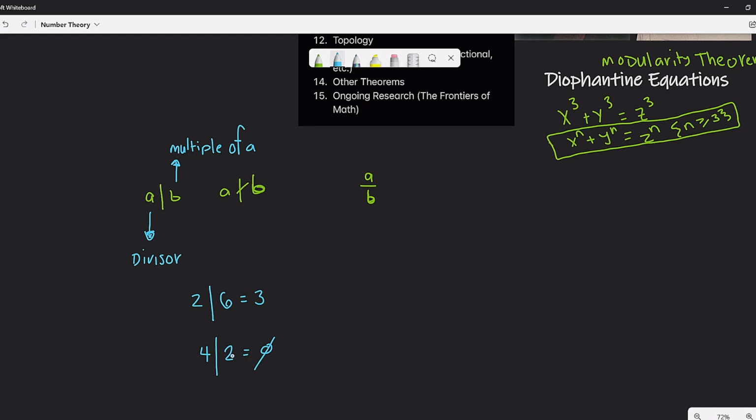For one, 4 is larger than 2, and so 4 cannot be divided into 2. And so that is why 4 does not divide 2. And so this is the only new notation for the most part that you will probably be exposed to with number theory. And it is quite prevalent in number theory in all the proofs.